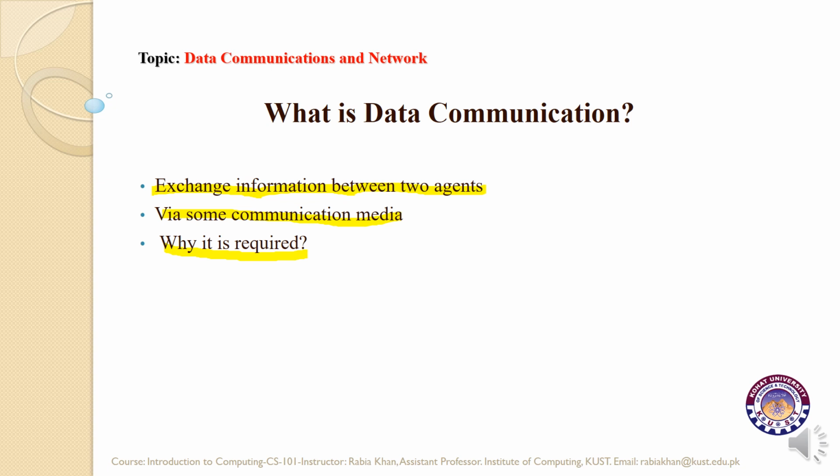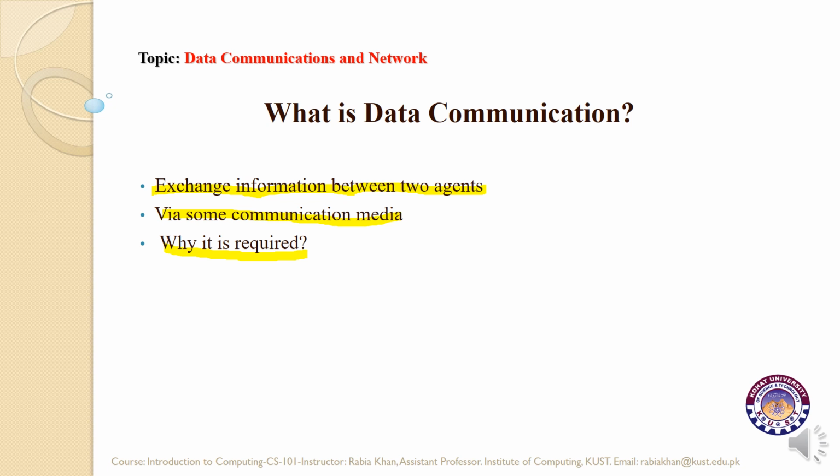So, what is data communication? It is actually the exchange of information or data between two electronic devices. And this communication is generally made possible through some communicating media or channel that can be a wired media or a wireless media.